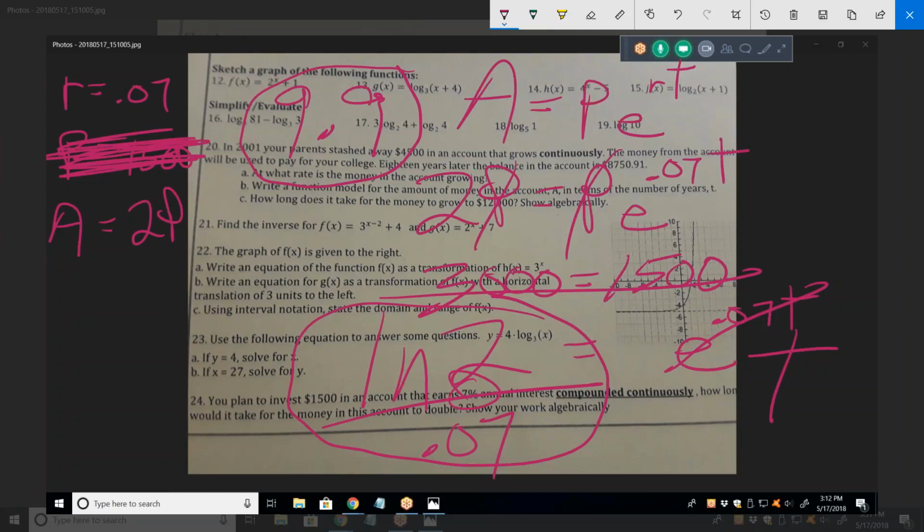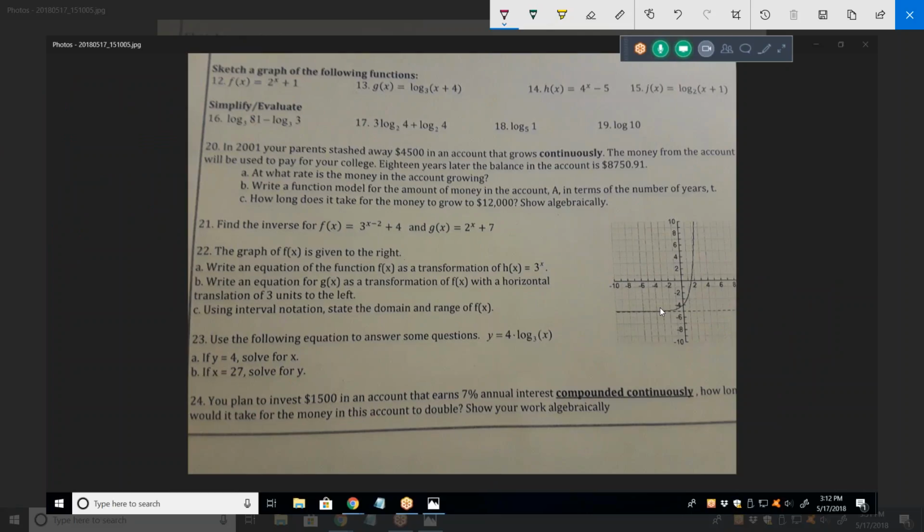Yeah. All right, let's go back and do that one problem we didn't do. This one right here. Find the inverse of that. So, all right, so it's y equals 2 to the x plus 7. Yeah. And then x equals 2 to the y plus 7.